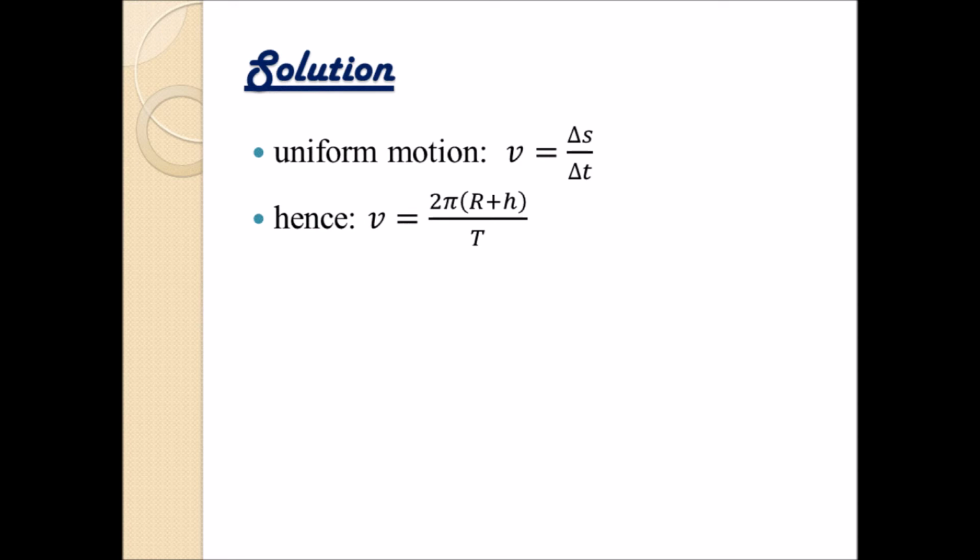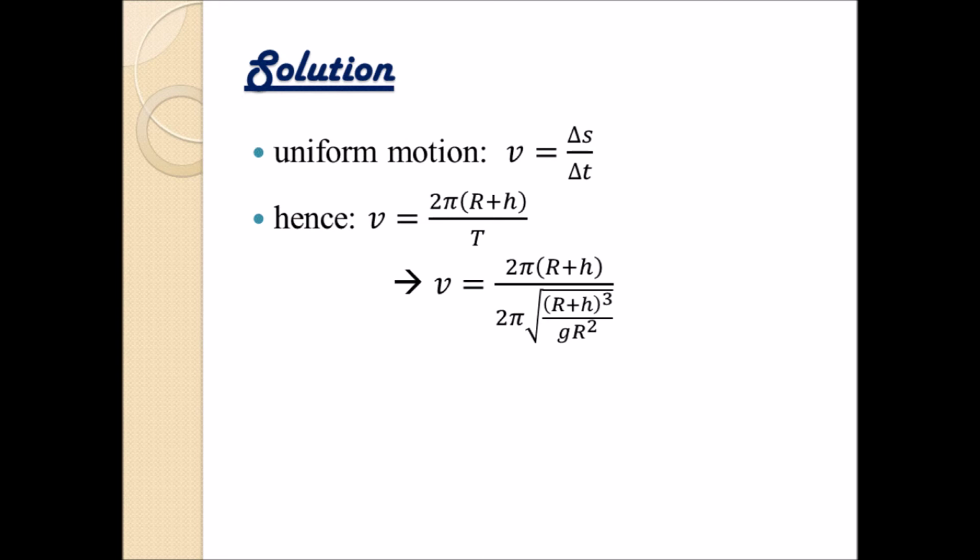So we can substitute T here, and what we get is that v equals 2 pi (r plus h) divided by 2 pi multiplied with the square root of (r plus h) cubed divided by g r squared.